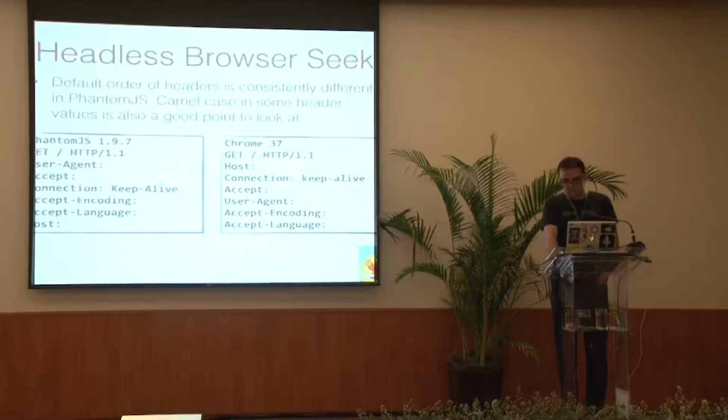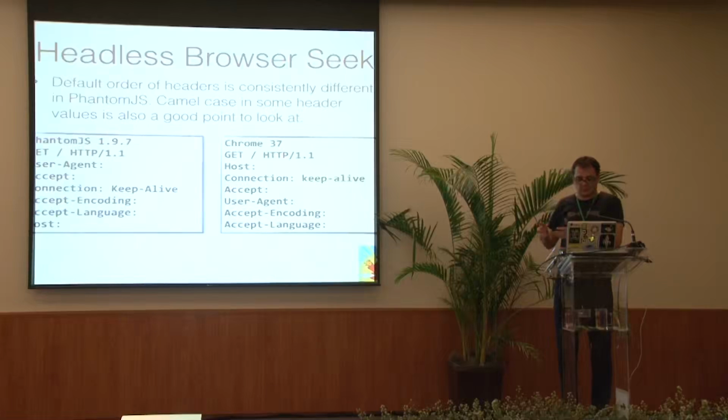Another observation that we made is the order of the HTTP headers. There are some major differences actually, and those differences are coming from the fact that PhantomJS is using Qt framework's network stack to implement all these HTTP layer things.